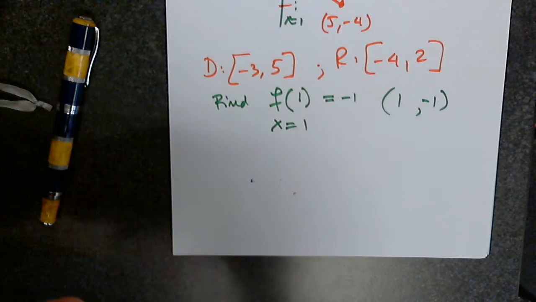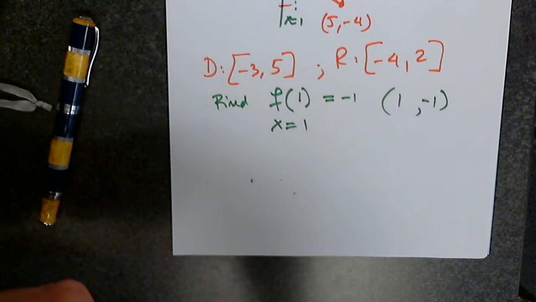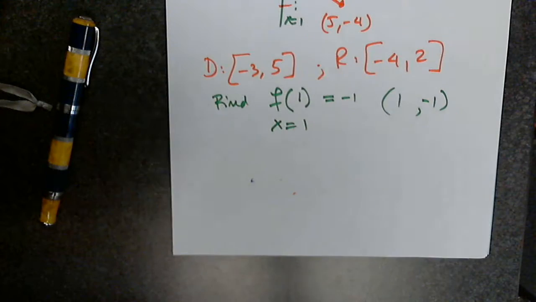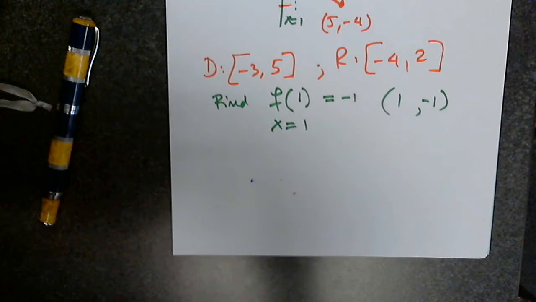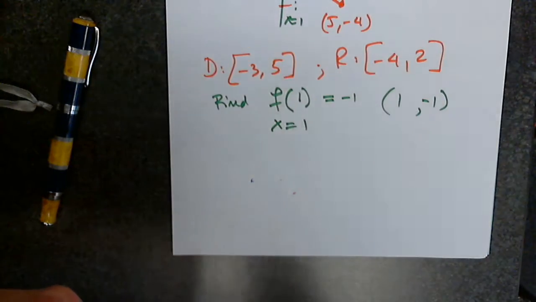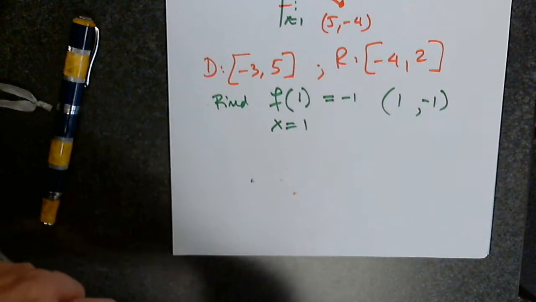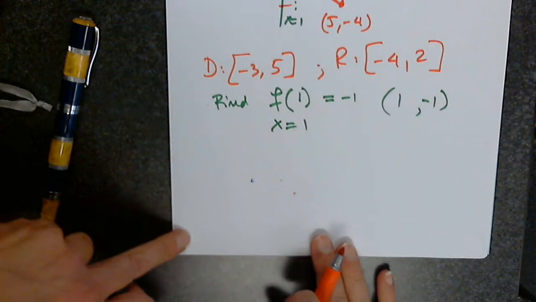And then from that we look at where the 1 would cross the function. It may be a line or not. Where that 1 crosses the function, and that's negative 1. That's the y value that we read. So that's where we get that from. Yes. And negative 1. Yes.